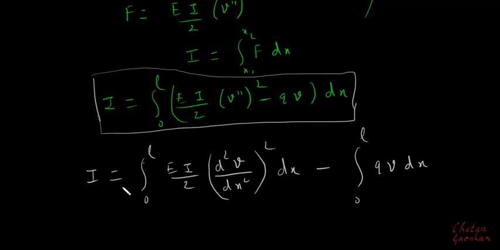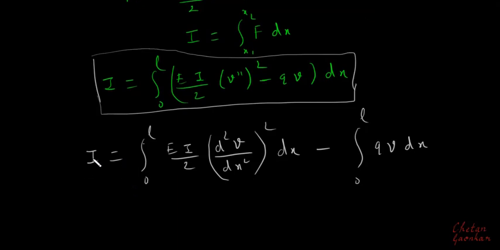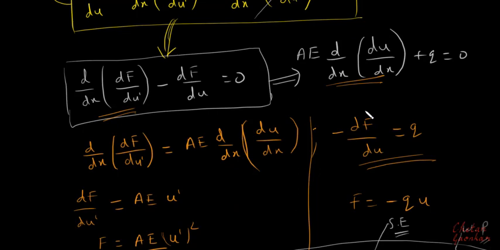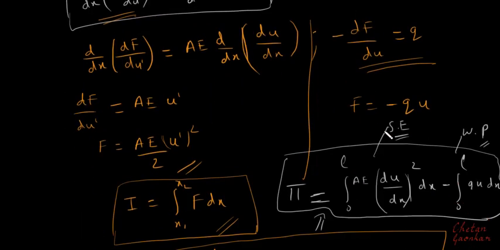And again, this is the potential functional, which we generally denote by pi. This is the strain energy of a beam, and this is the work potential term, and therefore pi is equal to strain energy minus work potential.